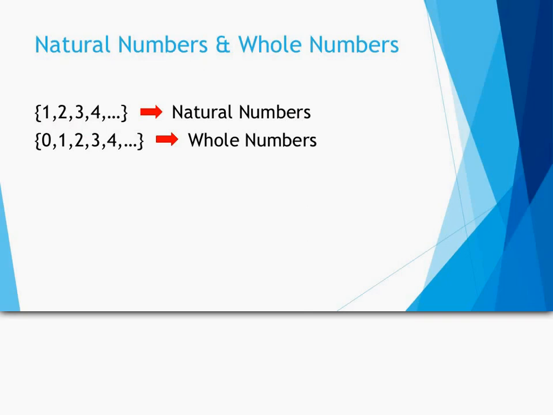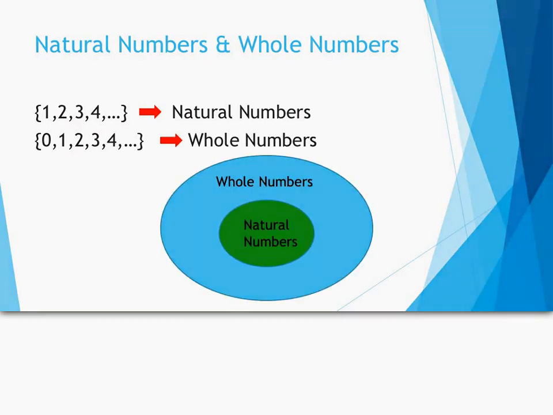Adding the number 0 to the natural numbers, making the set become 0, 1, 2, 3, 4, and continuing, makes the set become the set of whole numbers. When we notice that all of the natural numbers are included in the whole numbers, we can look at this diagram that represents it.